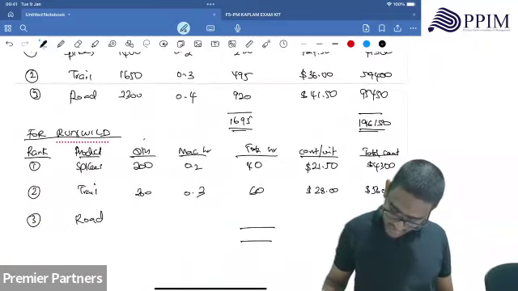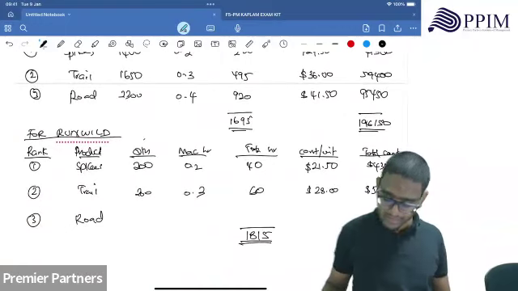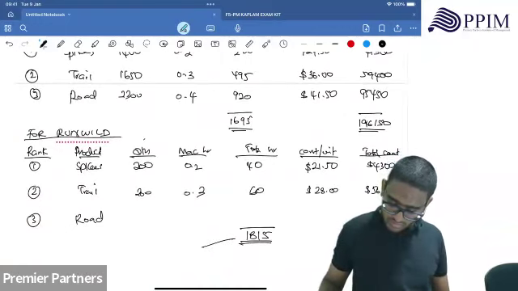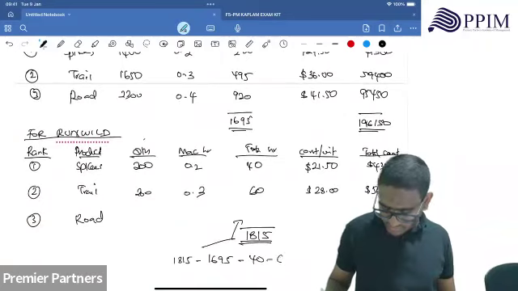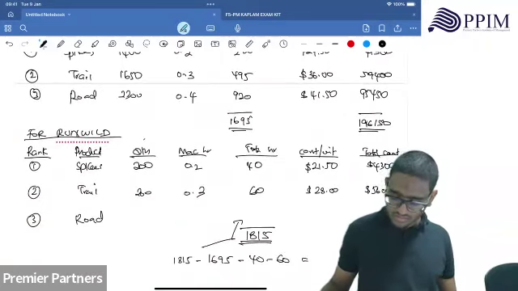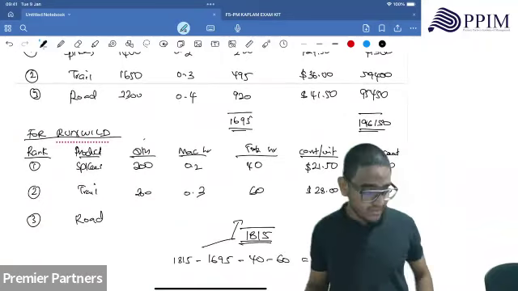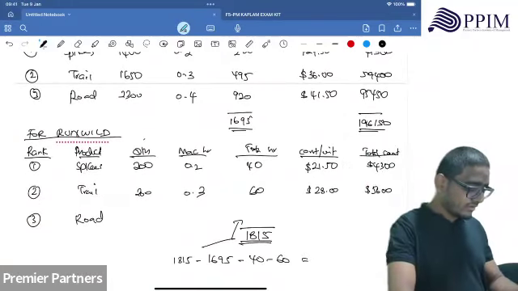Then don't forget, this ultimate figure can't exceed 1,815. So what you put there has to be 1,815 minus 1,695 minus 40 minus 60. So 1,815 minus 1,795, I think is 20, no?